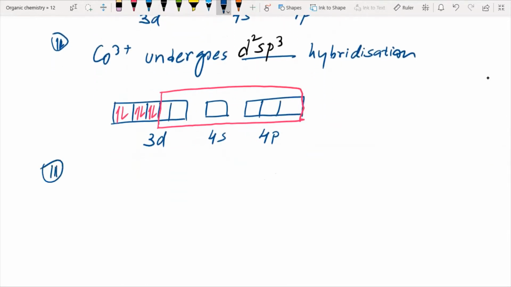We got the hybridization. Now third point: how to write the electronic configuration of the hexaamine cobalt 3 plus ion.